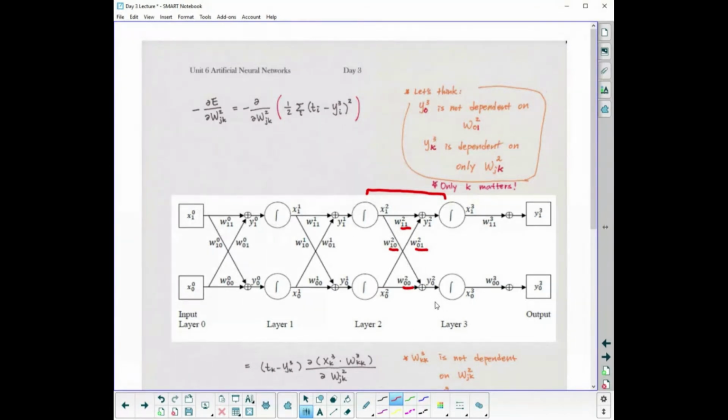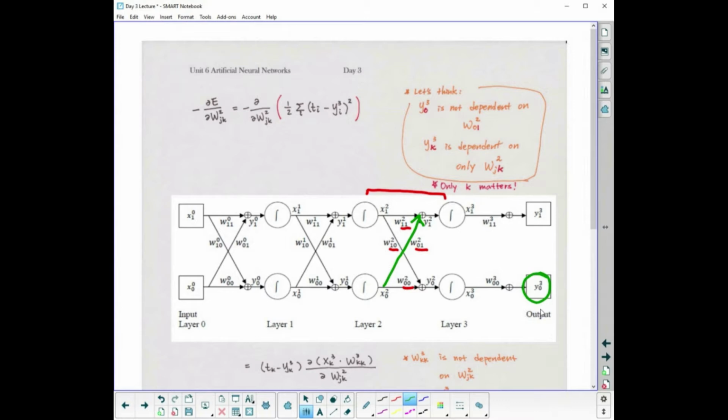In this case, you are going to think about one example, Y0 layer 3, here in the green color. Then let's think about weight 0 to 1 layer 2, this wire. They are never related.